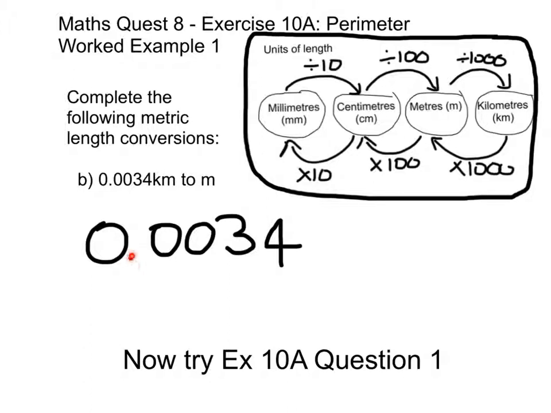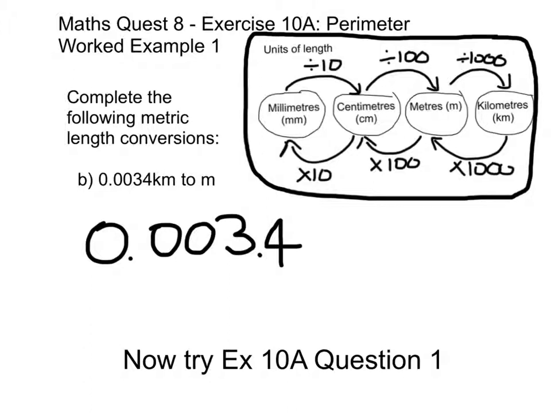So if my decimal place starts here, I've got to go to the right 1 jump, 2 jumps, 3 jumps. So that's 1 jump for every 0 in 1,000. If I've done those 3 jumps, my new decimal place is there, so I'll put it there.